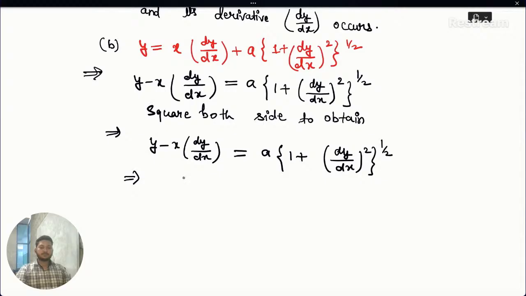When you square both sides, it comes like this.